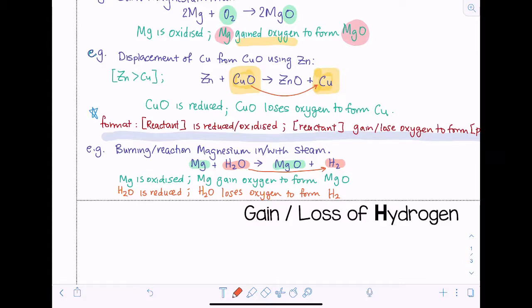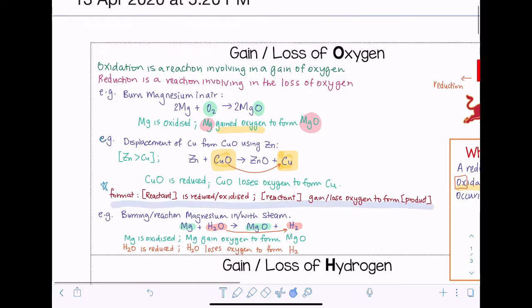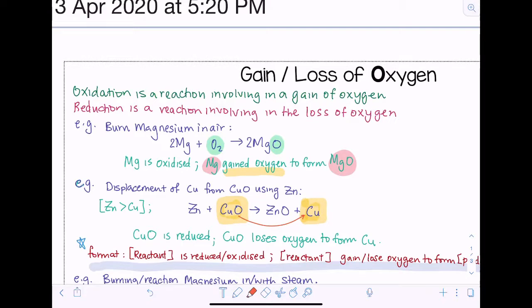That basically sums up the idea of oxidation and reduction in terms of gain and loss of oxygen. One more time, a quick summary: if it's an oxidation, we expect the reactant to gain oxygen, and if it's a reduction, we expect the reactant to lose oxygen. Keep that in mind.